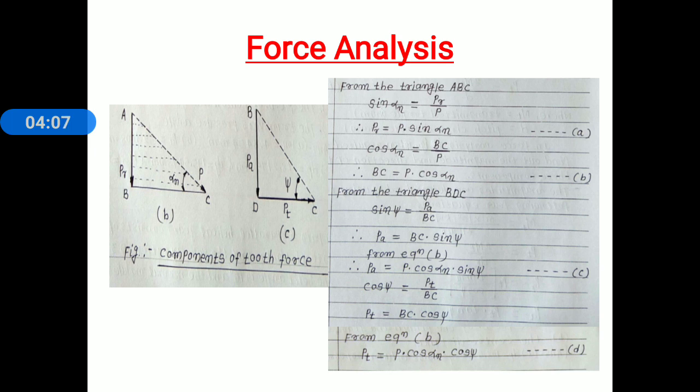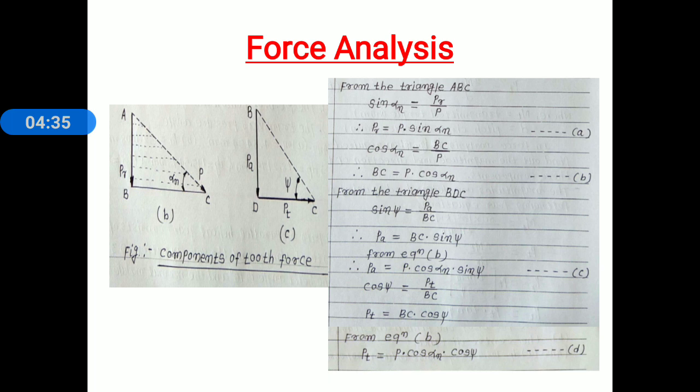Consider equation C. From figure C we consider cos psi, that is equal to adjacent side to the hypotenuse. Adjacent side is tangential component PT and the hypotenuse is BC. Therefore cos psi is equal to PT divided by BC, and after simplification we get the tangential component PT is equal to BC into cos psi.